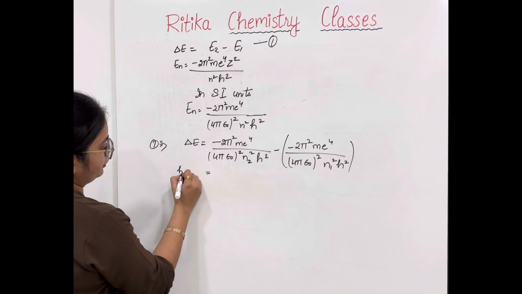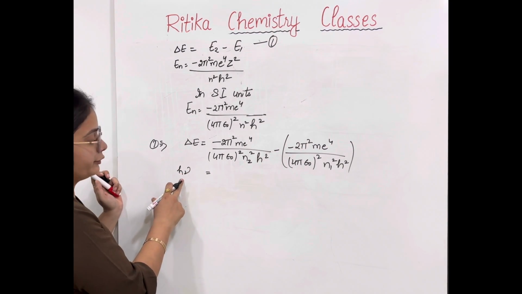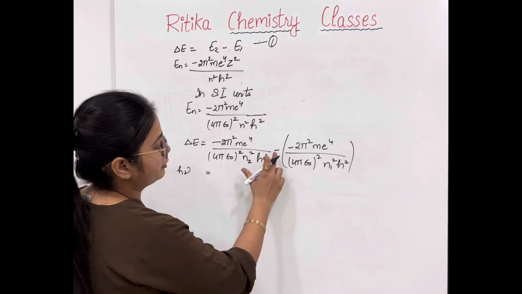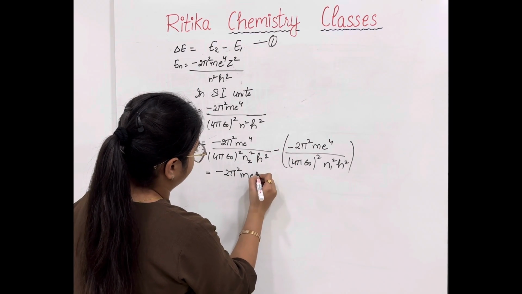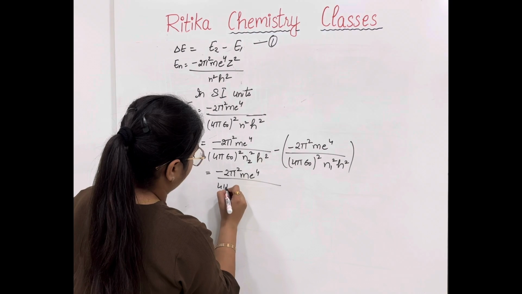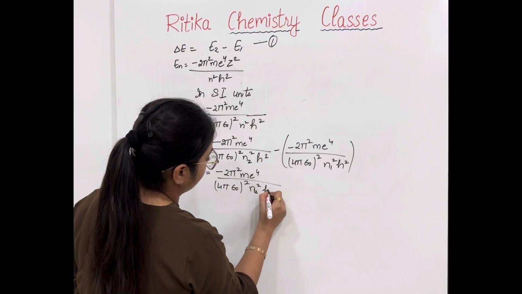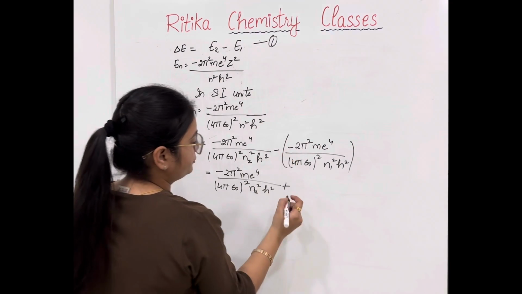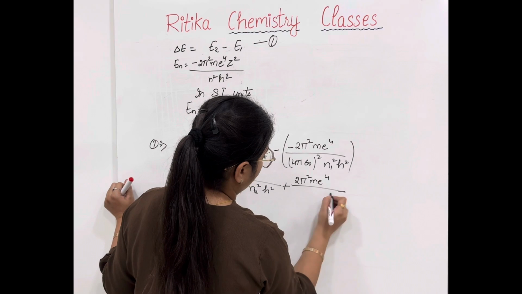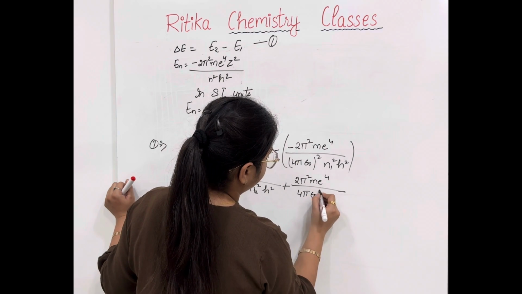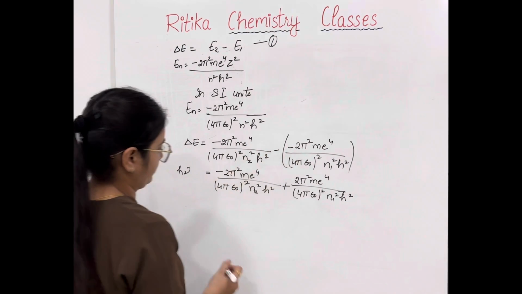Delta E is equal to h nu, so we have written delta E equals h nu, and this minus minus will become plus. So we get minus 2 pi square m e to the power 4 upon 4 pi epsilon naught whole square n2 square h square, plus 2 pi square m e to the power 4 upon 4 pi epsilon naught whole square n1 square h square.